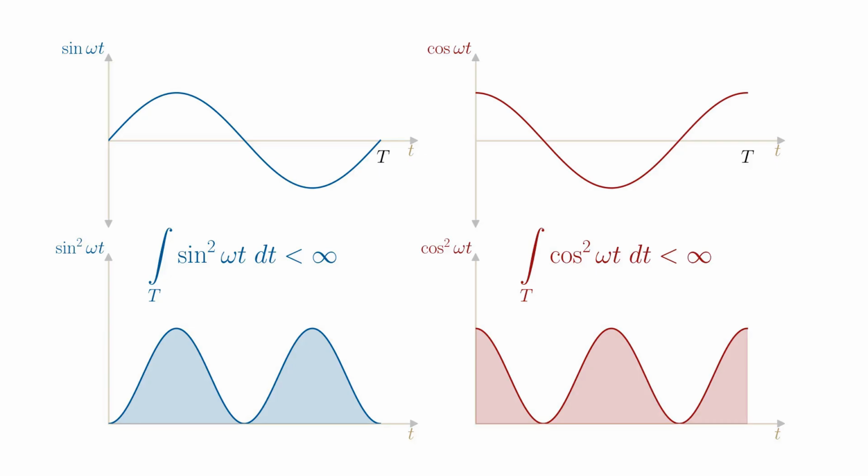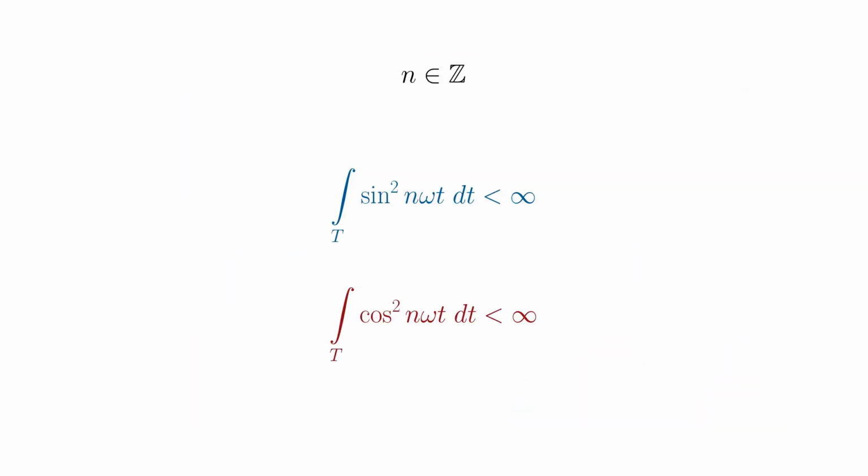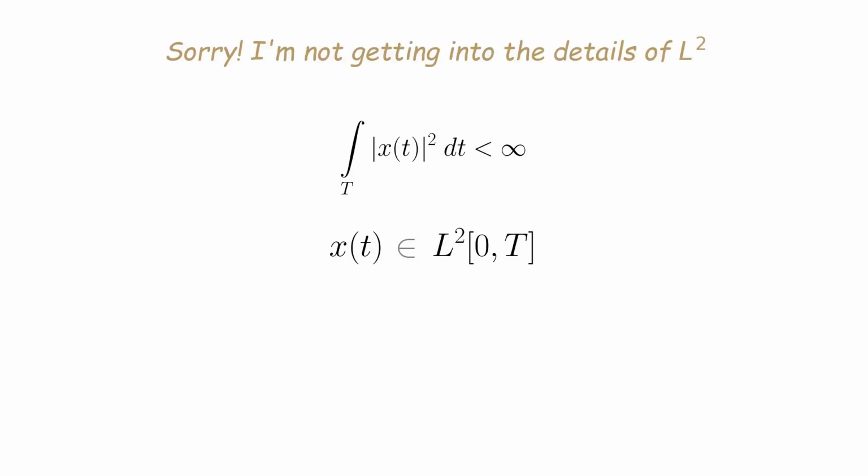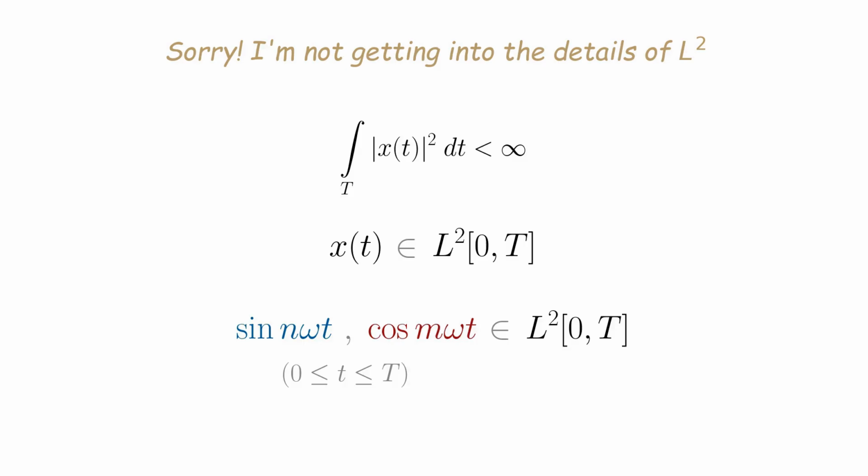I encourage you to check for yourself that harmonically related sinusoids are also square integrable over t. Now all possible square integrable functions with a duration of t seconds lie in an infinite dimensional space denoted by L2. Yeah, we have seen this in an earlier episode. Yep. So harmonically related sinusoids lie in this space.